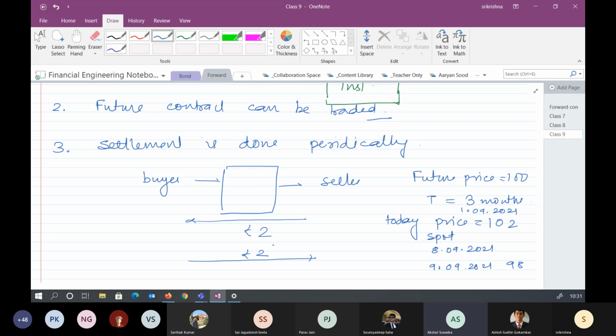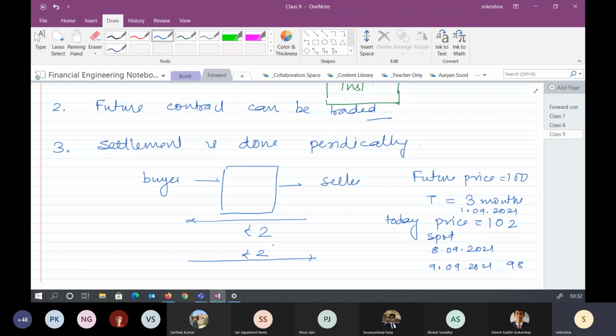No, sir. Can you repeat? Suppose the price has become 102, correct? When we entered into the contract, the future price was 100, but now the price has become 102.